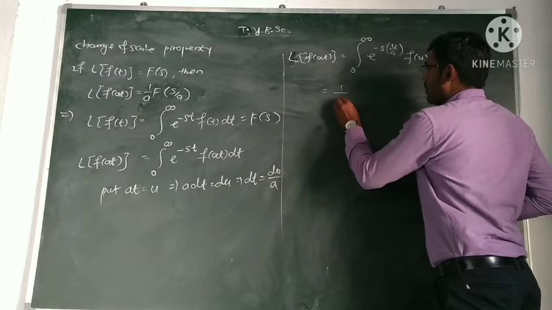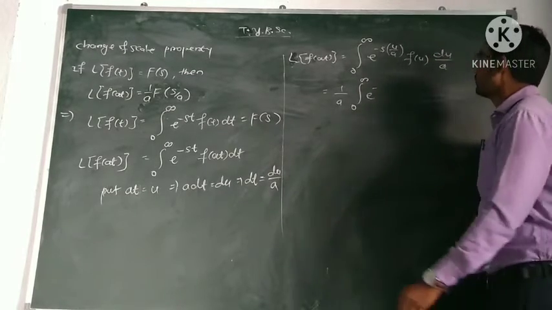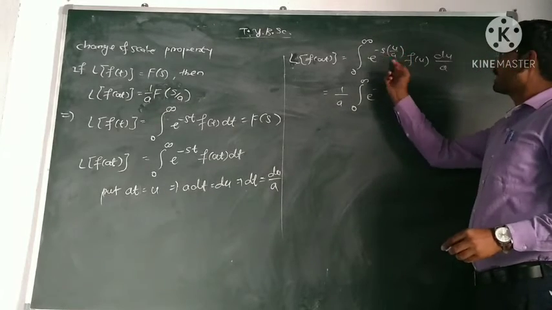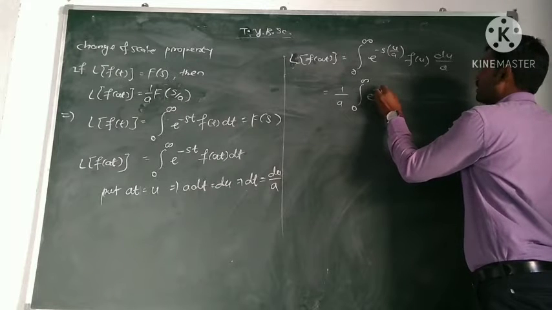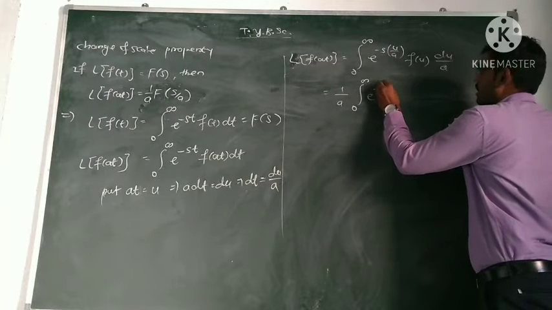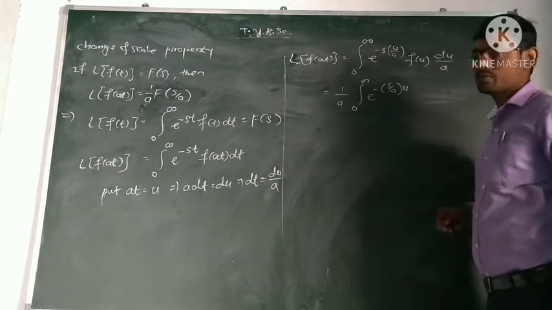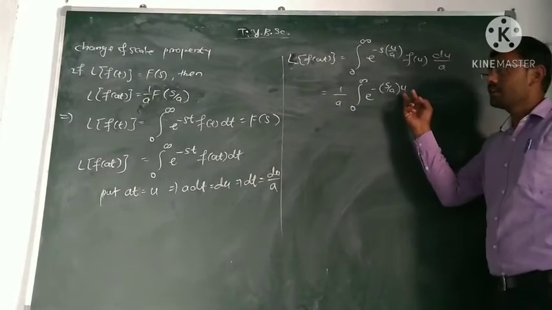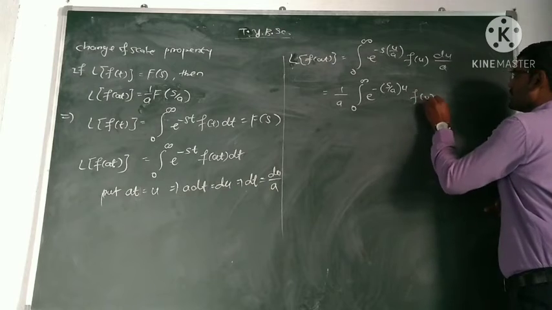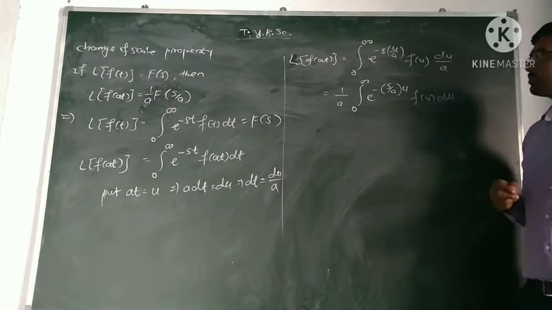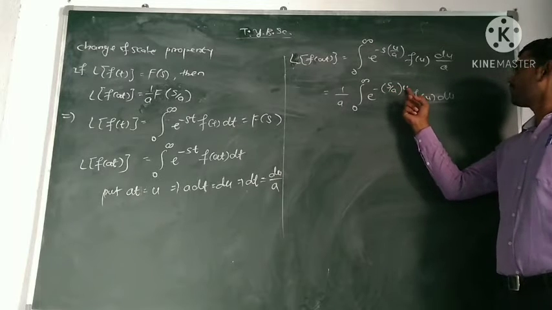This is equal to 1 by a, integral 0 to infinity, e raised to power minus, we make here some small arrangement, minus s by a into u, then f of u du. Okay. Now look at this: e raised to power minus some number into u into f of u du.